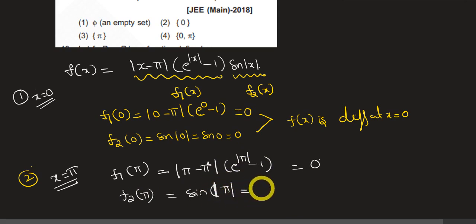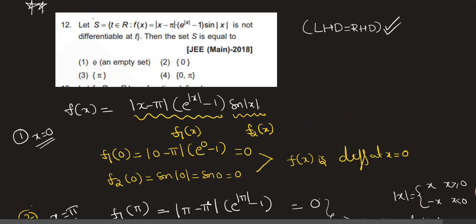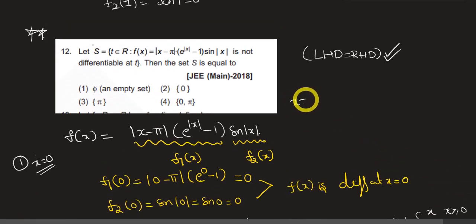We know modulus of pi is pi only, because as per the definition, mod x is x when x is positive and minus x when x is negative. Sine pi is 0. So both are equal to 0, and we can conclude that f of x is differentiable at x is equal to pi. So at x is equal to 0 and x is equal to pi, it is differentiable.